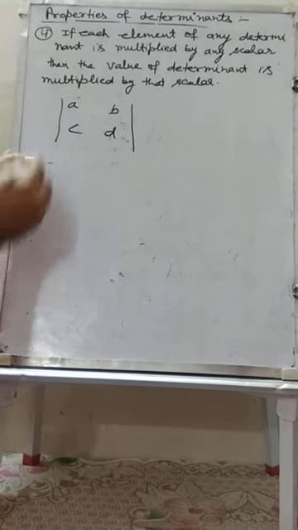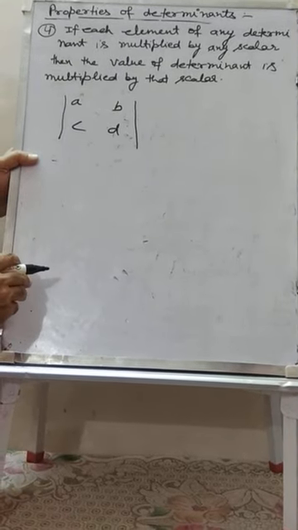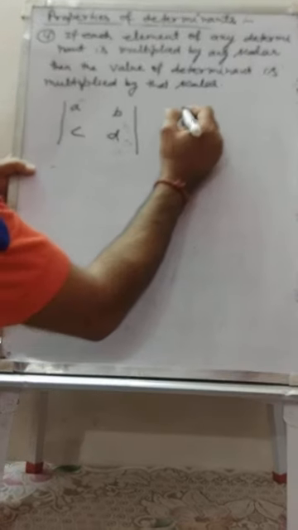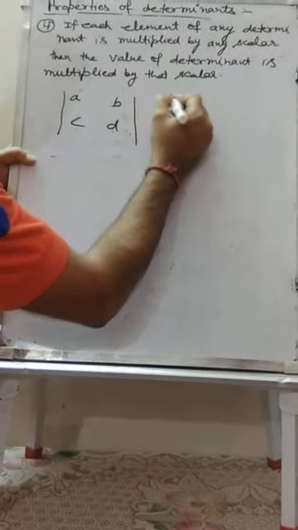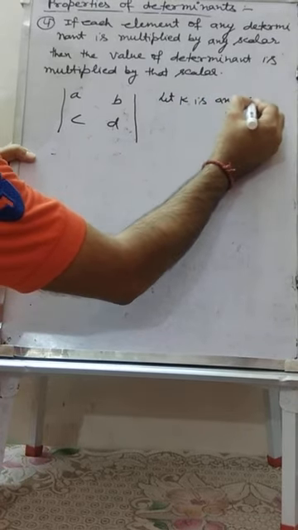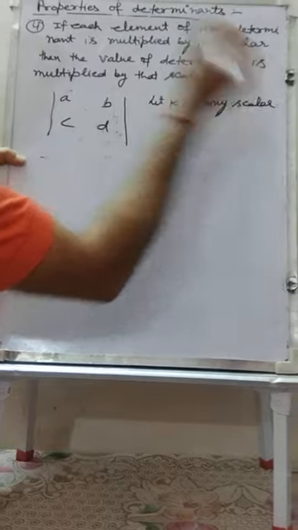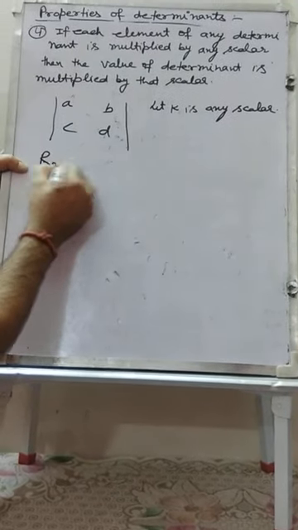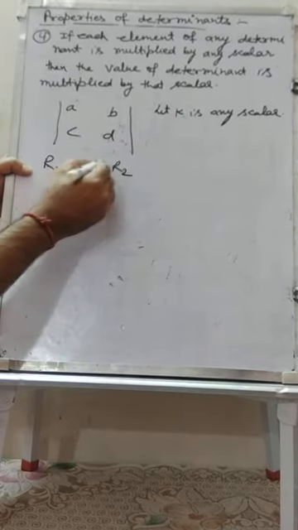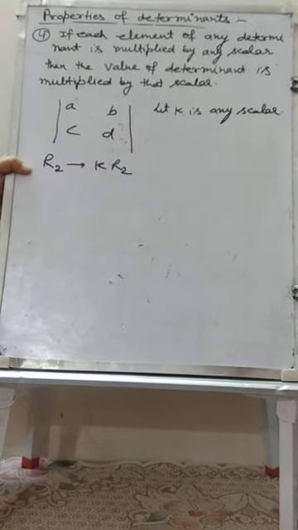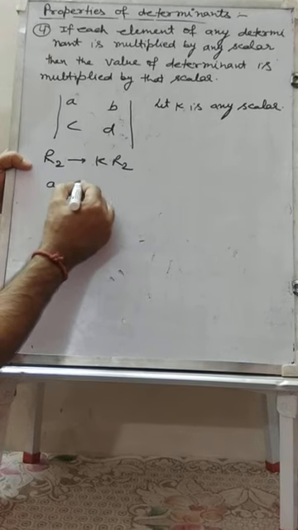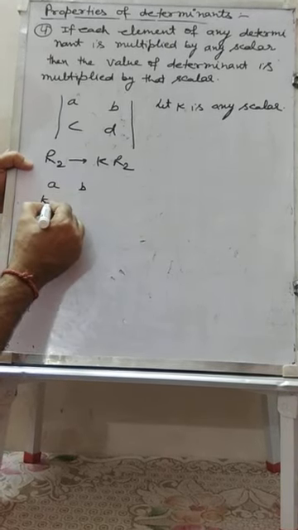If I multiply any row or any column by any scalar k, and we apply R2 as kR2, the new determinant will become A, B, kC, kD.